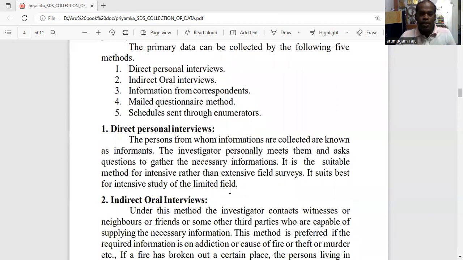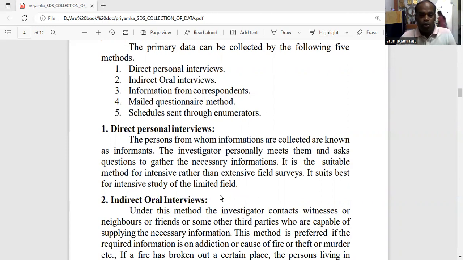The direct personal interview is where the persons from whom information is collected are known as informants. The investigator personally meets them and asks questions to gather the necessary information.